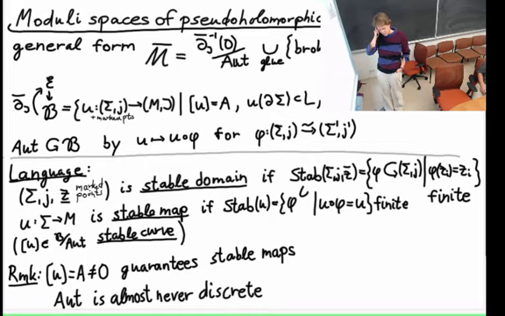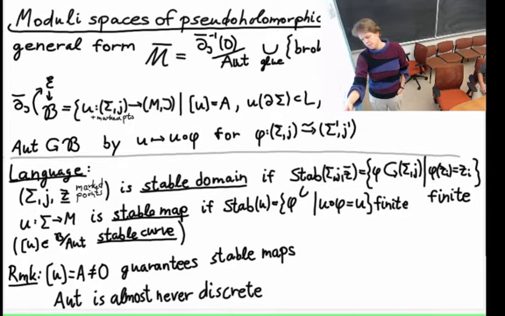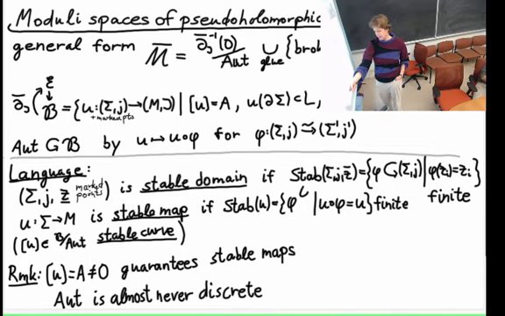So for now, our domains may or may not be stable. Our maps, however, will always be stable. A stable map is usually a holomorphic map on a domain that, if the domain is stable, is also stable automatically.